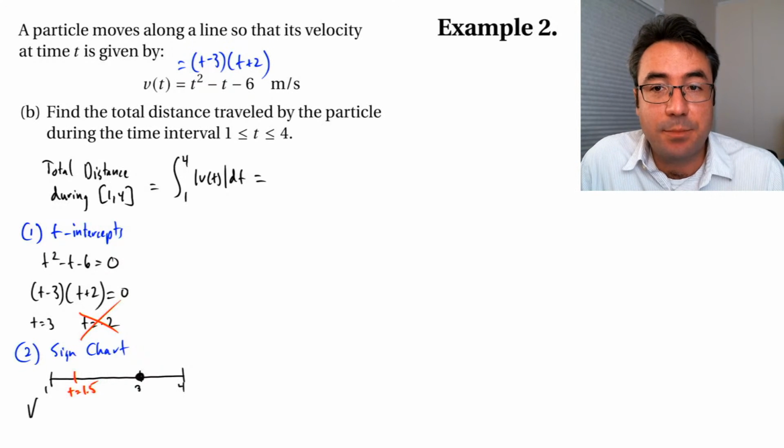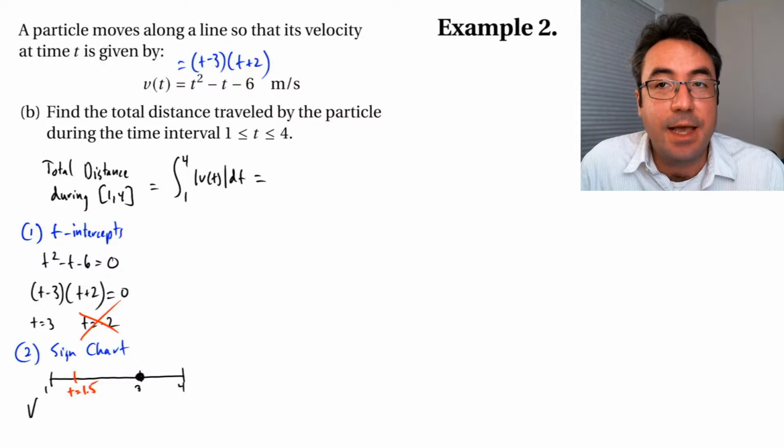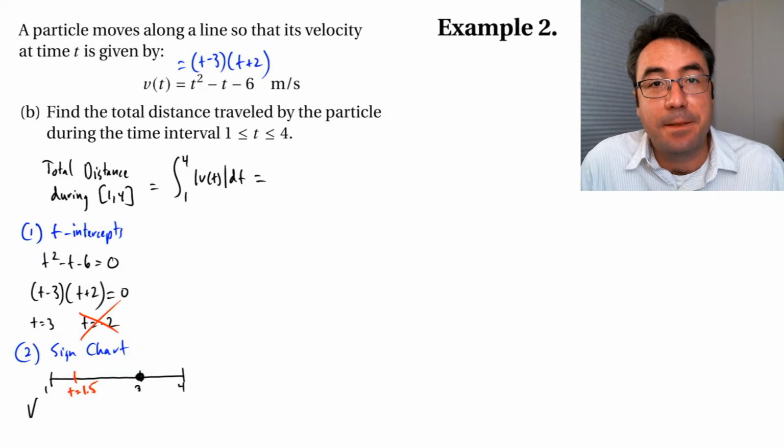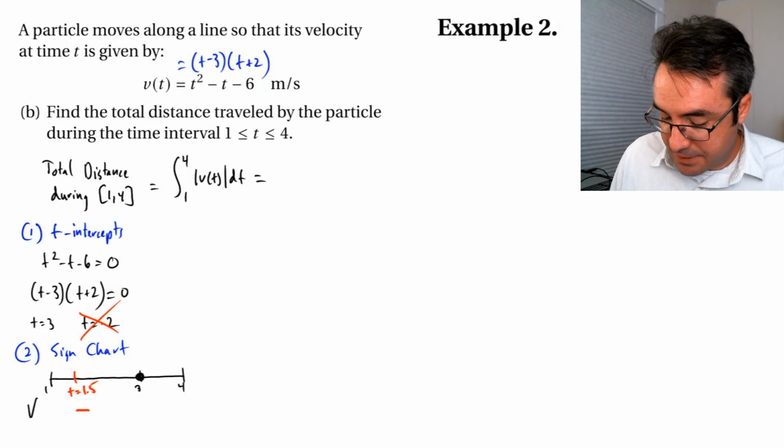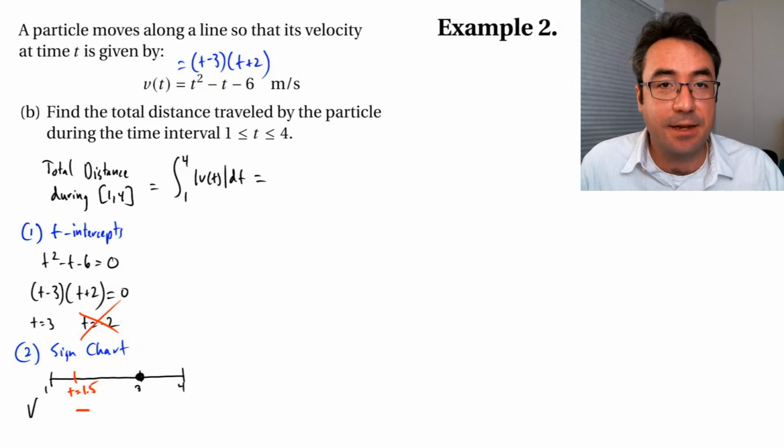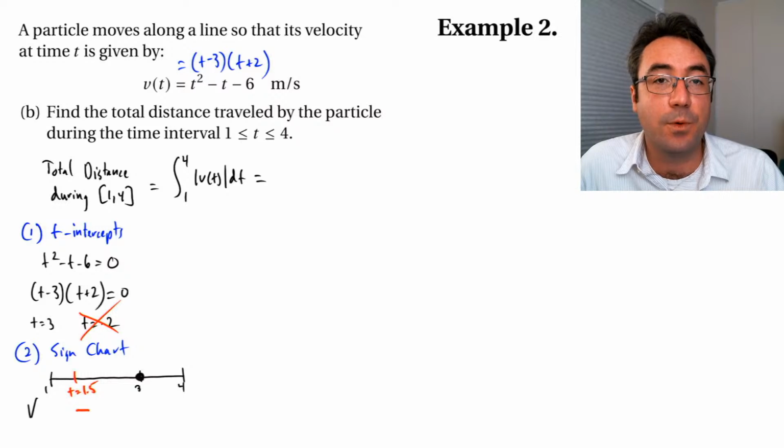When we plug a test number into the t minus 3 factor, that's a negative. And when we plug that test number into the t plus 2 factor, we get positive. So we have a negative times a positive, and the net effect there is velocity is negative on that interval from 1 to 3.